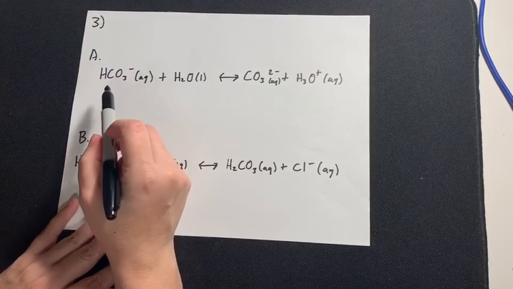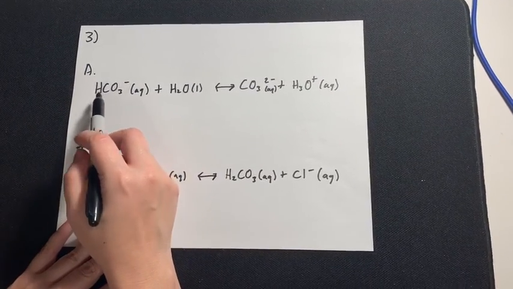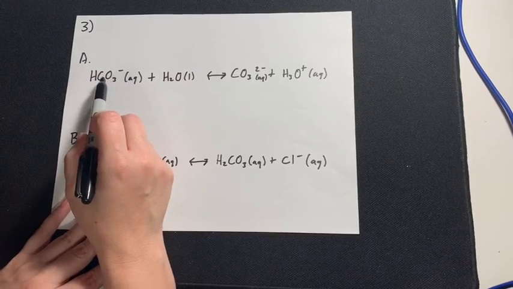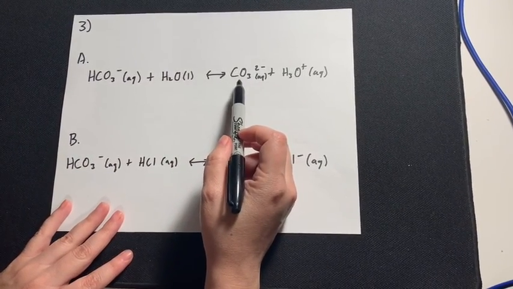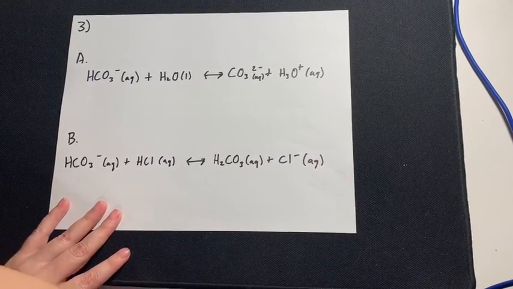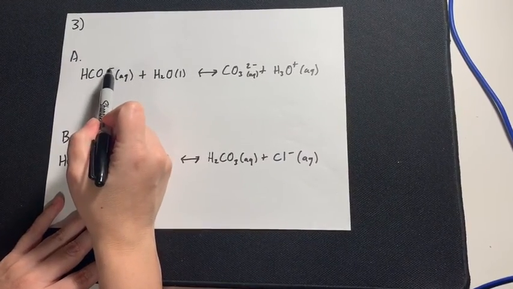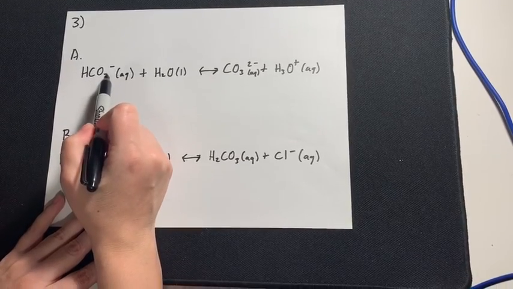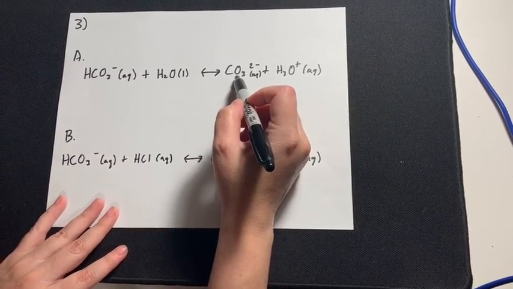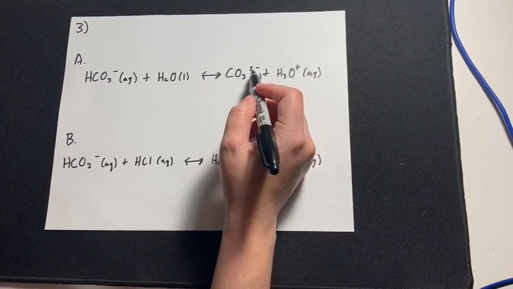So for example, here we have the HCO3, and on the other side we see that the H is gone along with the positive charge. So here we have HCO3 with a negative charge, and here we have the CO3 with a 2 negative charge.